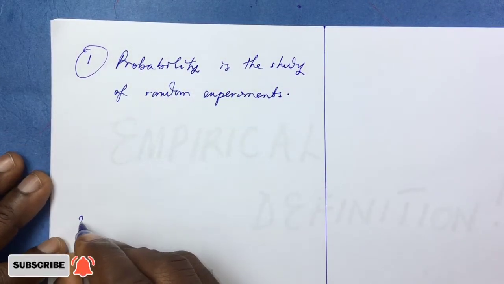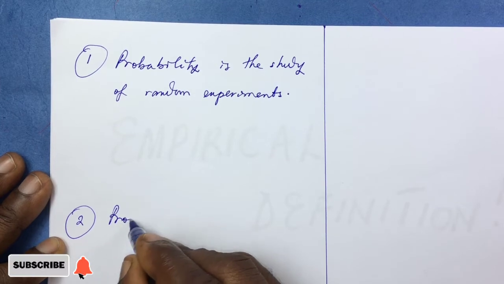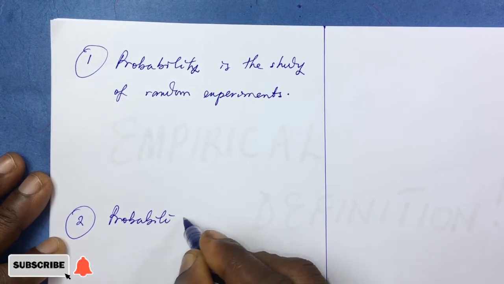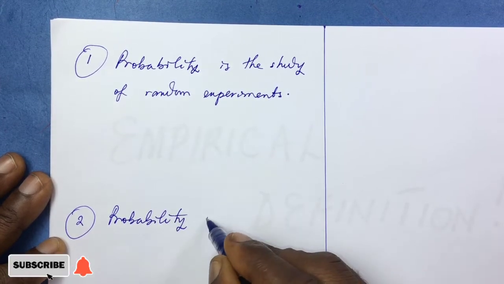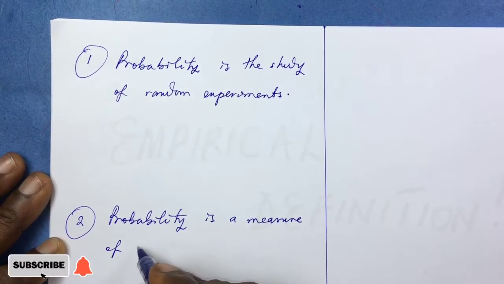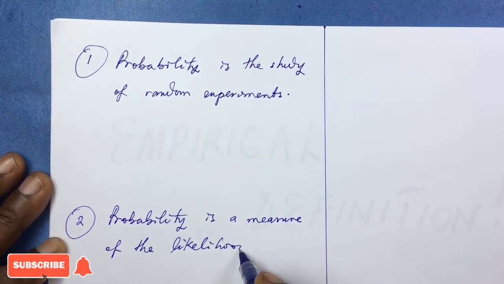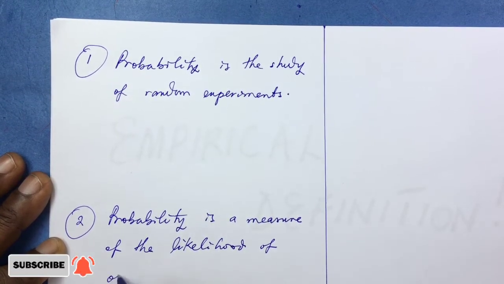Another general definition you can give to probability is that probability is a measure. As we will see subsequently, probability is a measure of the likelihood of occurrence of an event.